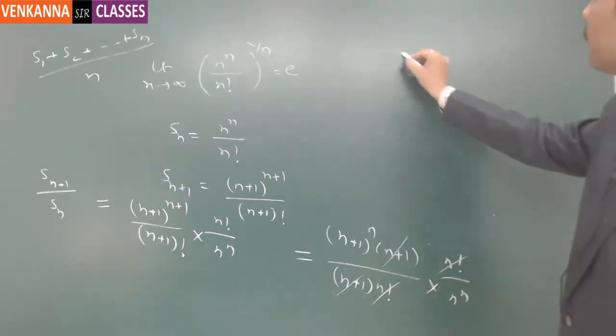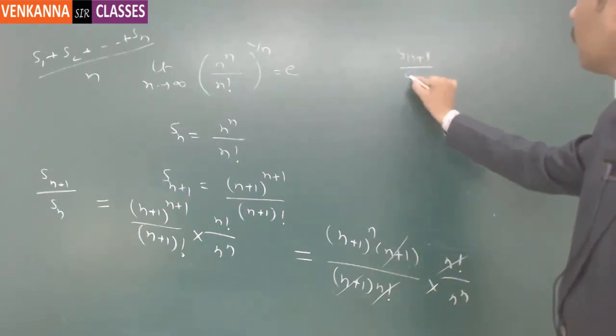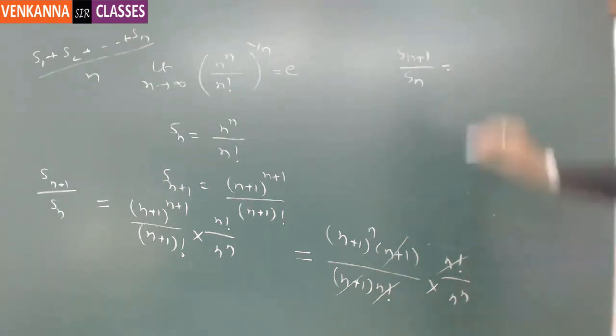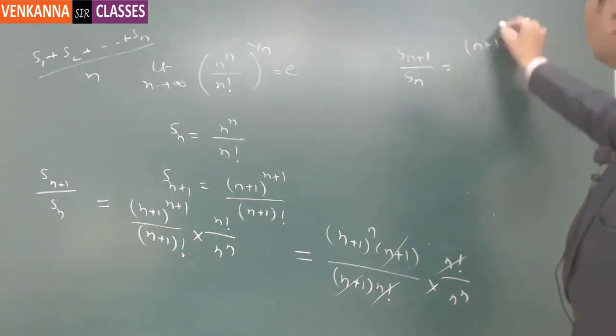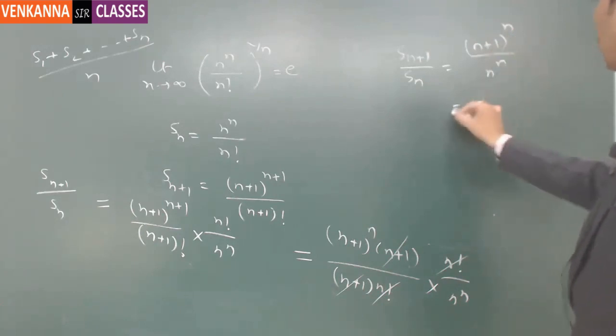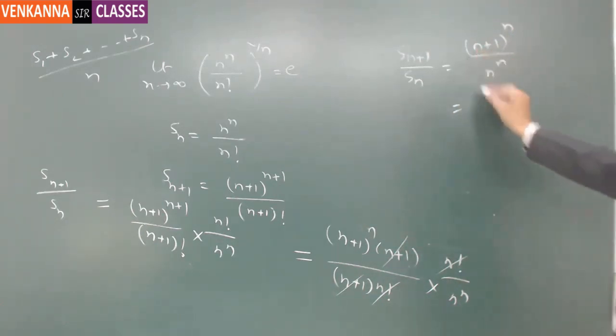So, if you take n common here, n gets cancelled.